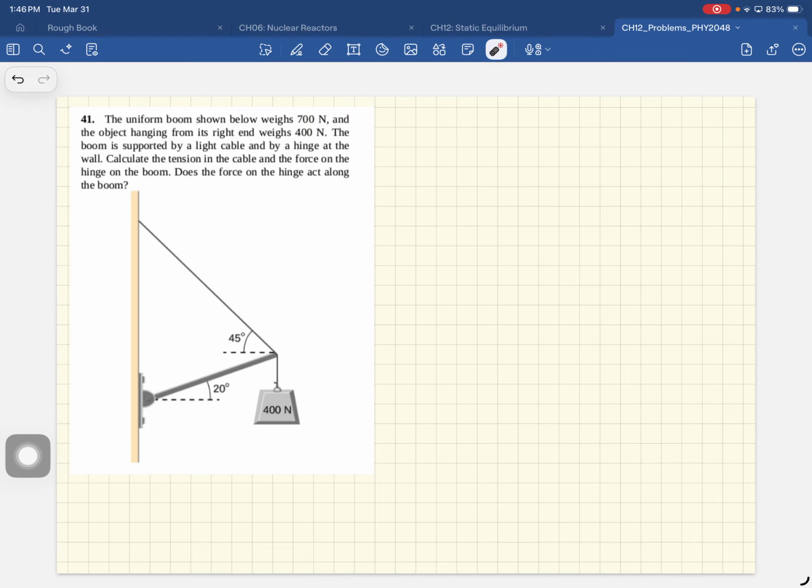Again, this force is rotating the boom clockwise, this force is rotating the boom clockwise, this force is rotating the boom counterclockwise, this force is rotating the boom counterclockwise. So you see in this, L canceled.